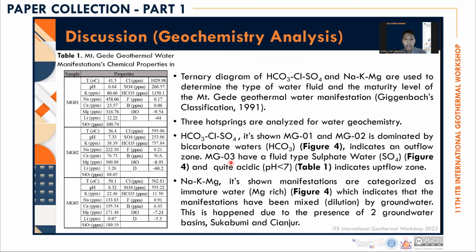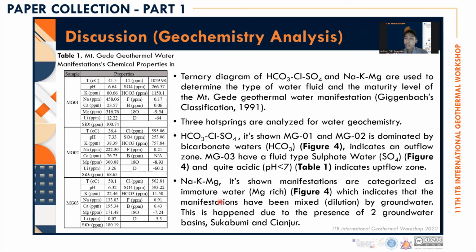And then MG3 has a fluid type of sulfate water, which indicates the upflow zone, and MG3 is in the central area of Mount Gede. If we input them to sodium, potassium, magnesium, the three manifestations are categorized as immature water, magnesium rich, which indicates there is some mixing by the local groundwater.